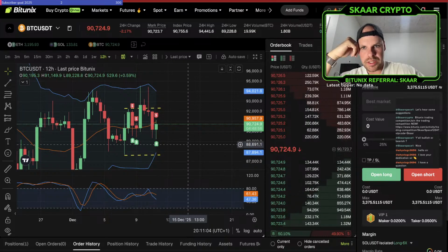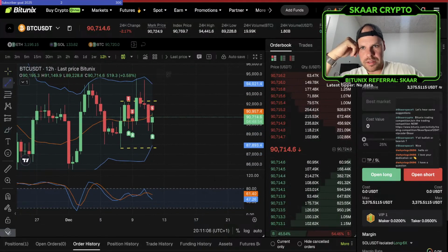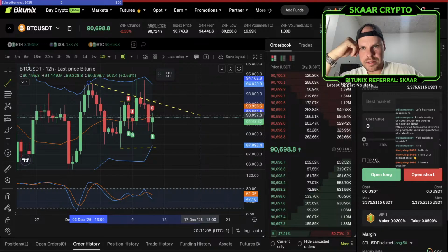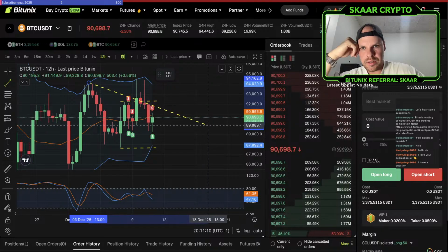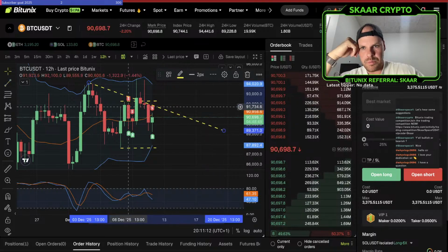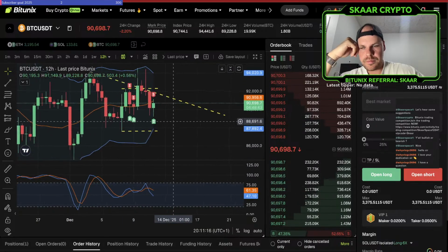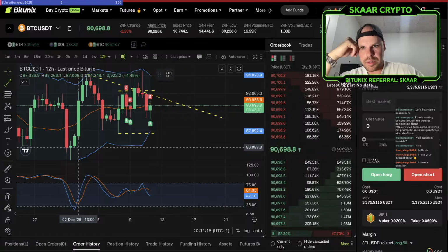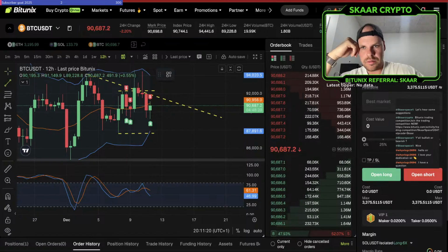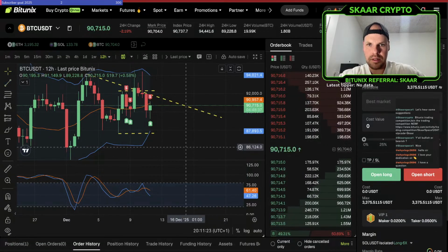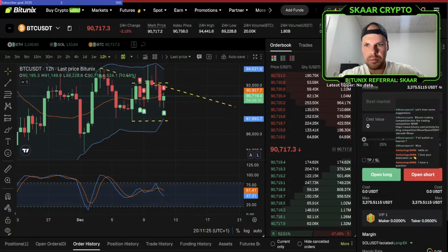We could realistically have a situation that looks a little bit like this, where we have a move. Oh shit. This is not some TA type shit.